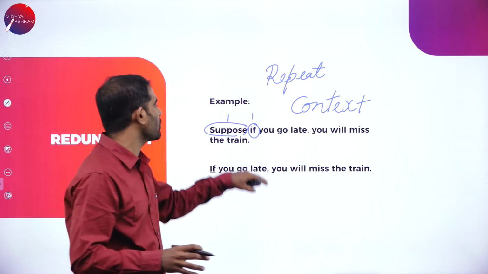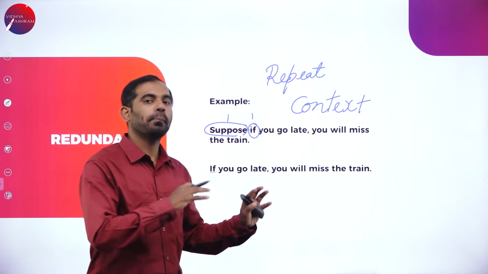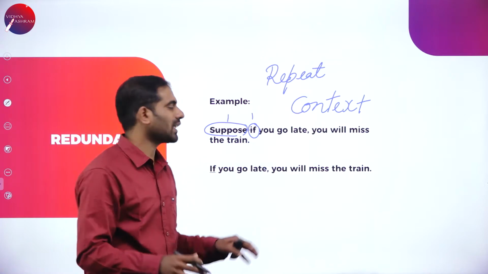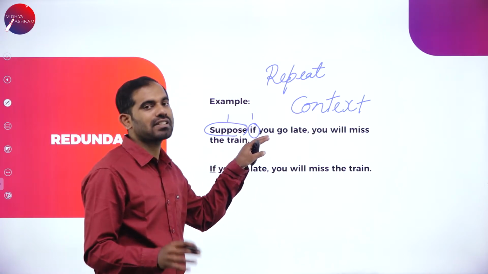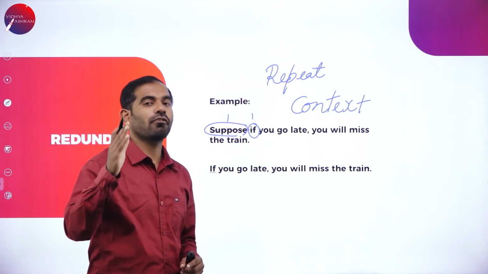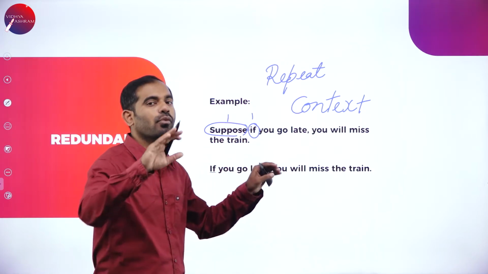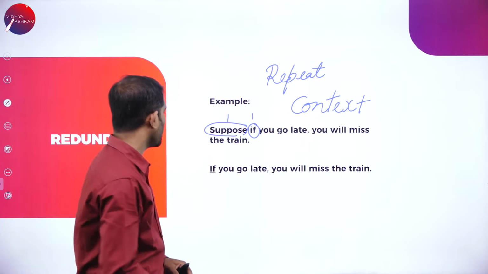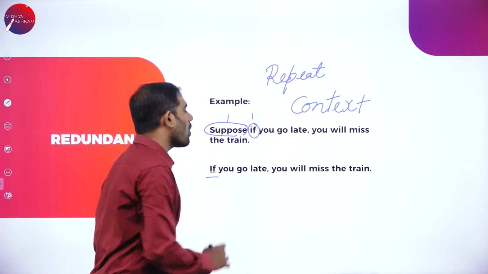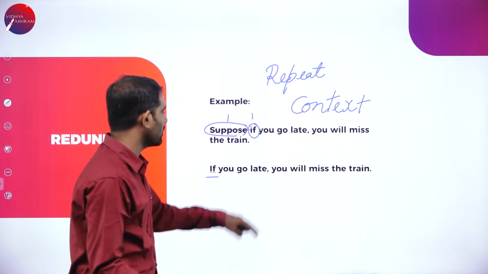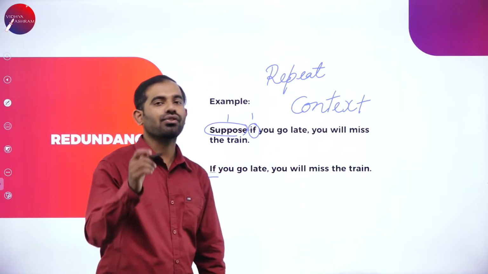You're not supposed to use any of these at times, but remember, most of the times we can use. But still, there are certain rules you need to know. You can choose either of these, but not both of them for sure. The right answer is, if you go late, or suppose you go late, you will miss the train.